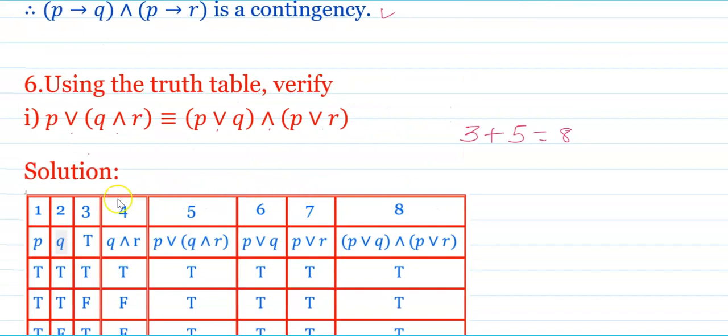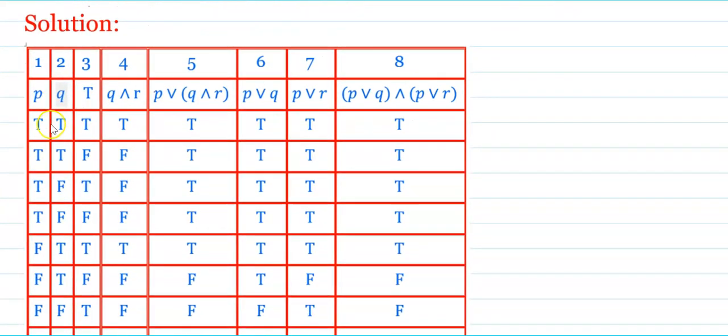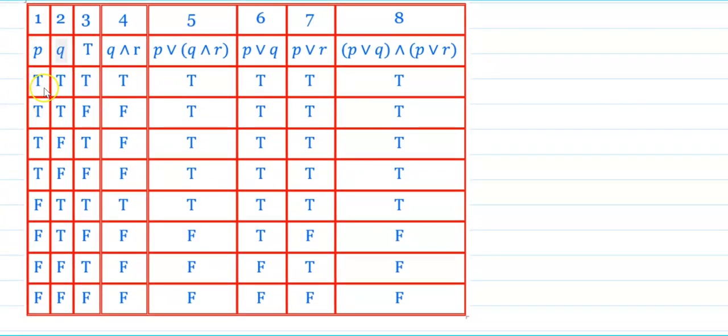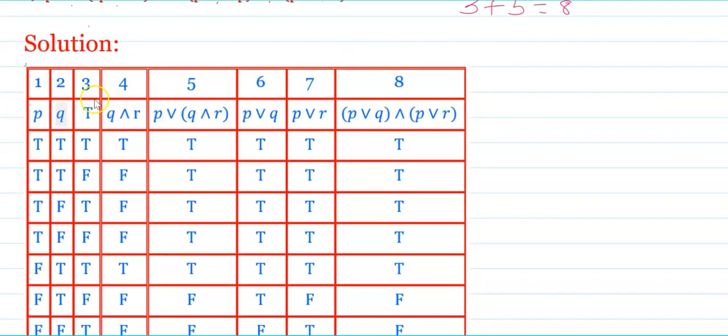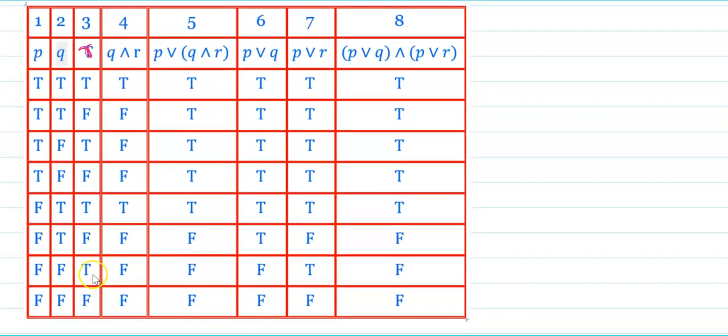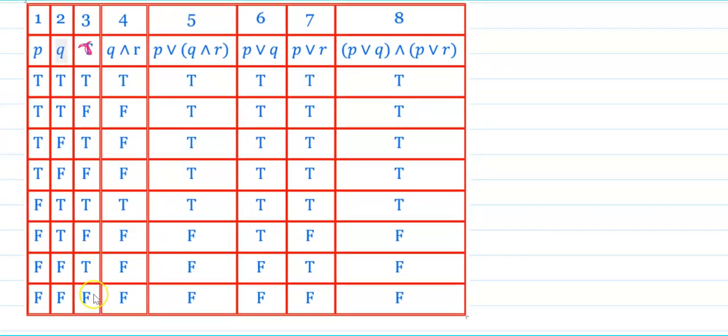Now first is P or in brackets Q and R. First, P: how many entries? 8. P means 4 times T, 4 times F. Q means double T, double F, double T, double F. And the next is R. By mistake it is T. Okay, T, F, T, F, T, F, T, F in this way.